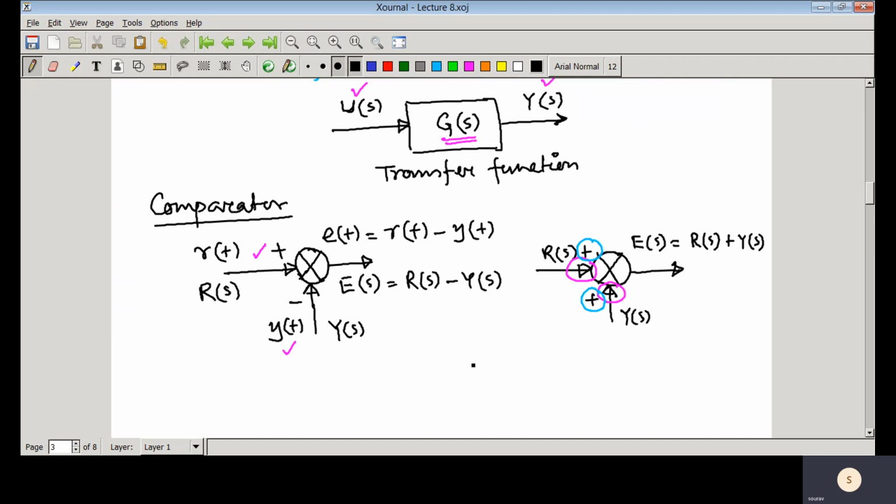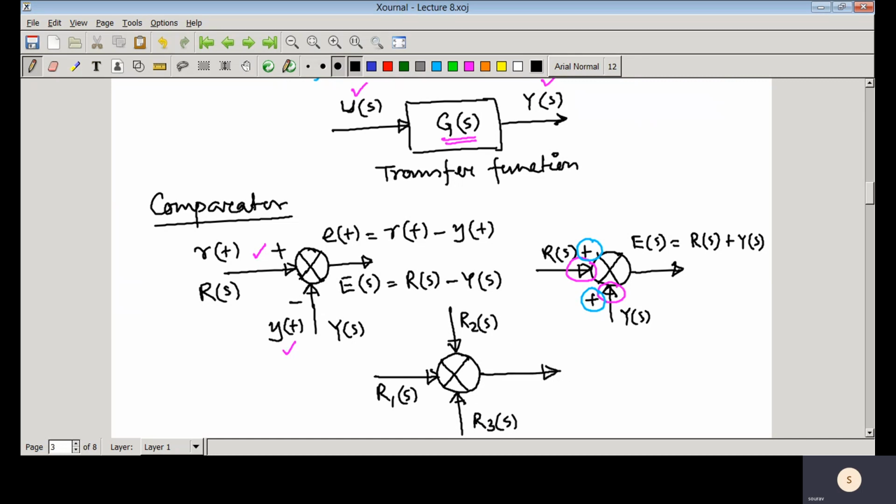Like if you have a comparator like this, and here suppose three signals are entering, R1(s), R2(s), and suppose this is R3(s).